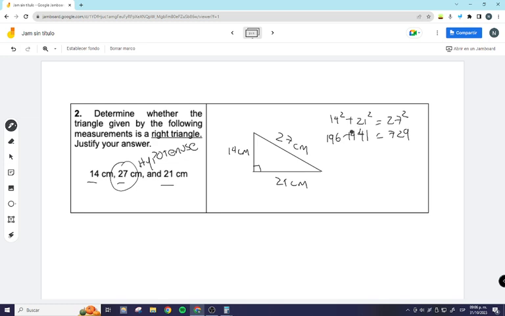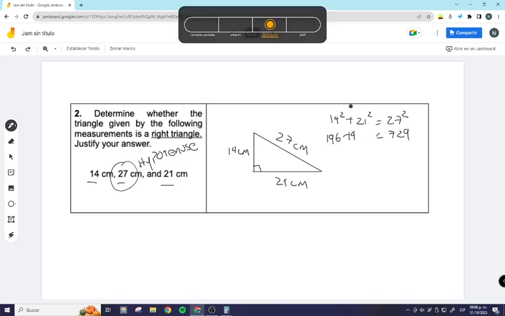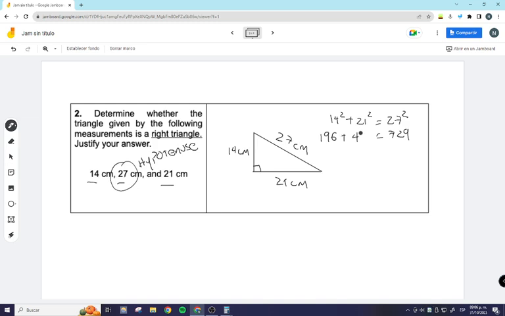Okay, so let me write this properly. If this addition is 729, that means that yes, this can be a right angle triangle, but let's do it and you will see that not.